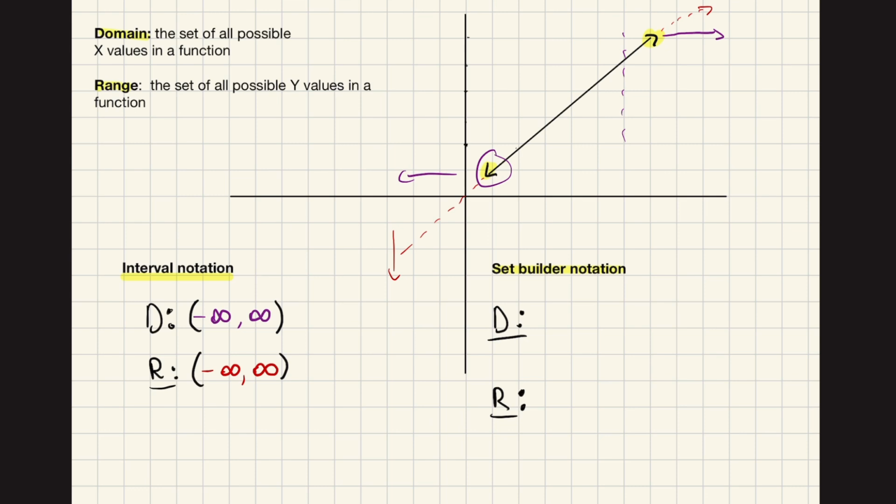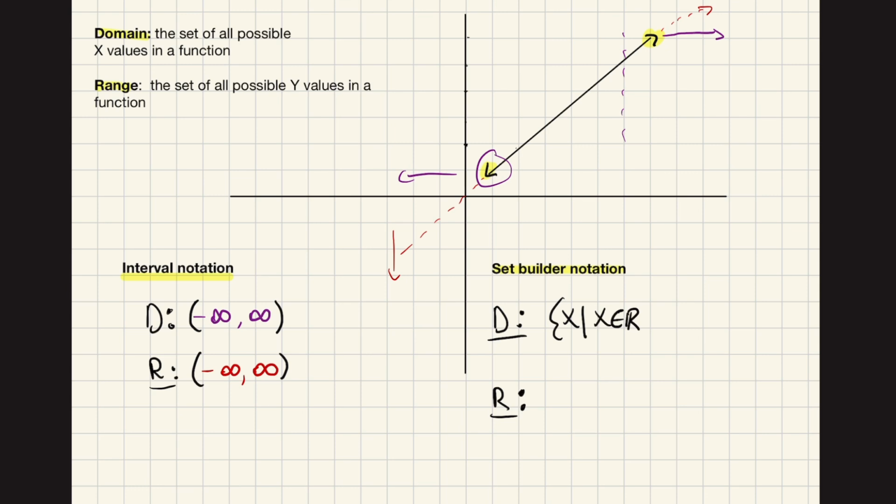Now, when it comes to set builder notation, whenever we deal with infinity, it is surprisingly simple. So for all x values such that x is all real numbers, when the domain in both directions, left and right, is infinite, then we just leave it as this, x is all real numbers.